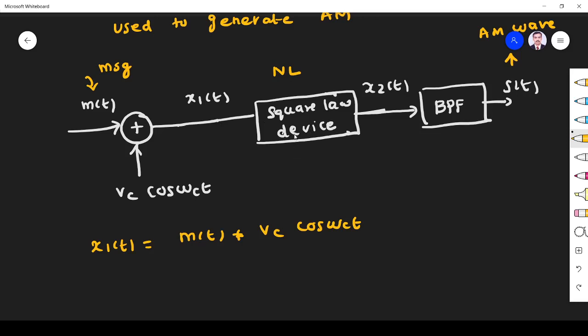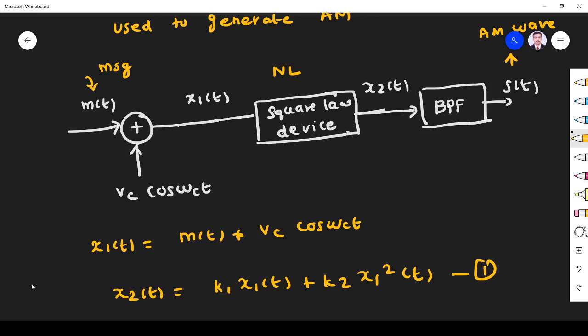The characteristics of the square law device that we use: the output is x2 of t, a non-linear output, so it must be equal to k1 x1 of t plus k2 x1 square t. This is the characteristic of the square law device that we are using in this block. Let us assume this is equation number 1.